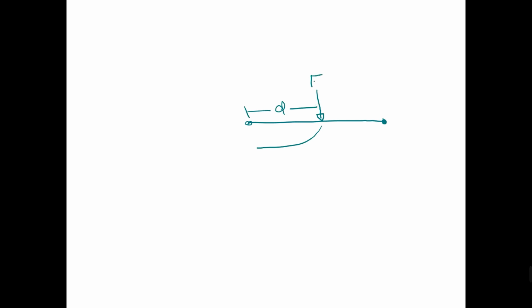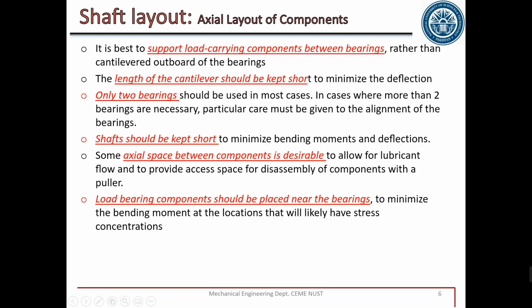If this distance is kept small, the bending moment will be small. So to reduce the amount of bending moment, this distance has to be kept small, or wherever the load is applied, gears or load carrying members should be kept near the bearing.